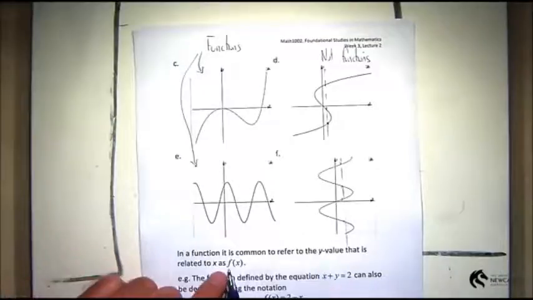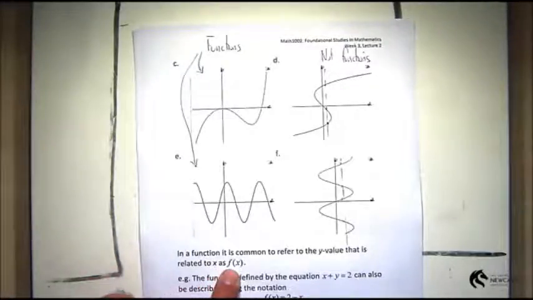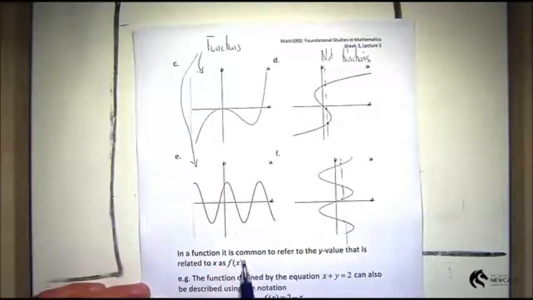So even though it's got f of x, it still represents just a number. The number that it represents is the value of your relationship at that particular value of x. So this notation is supposed to remind you that the y value will depend upon the x value that you've chosen. But that whole thing still represents just a number.